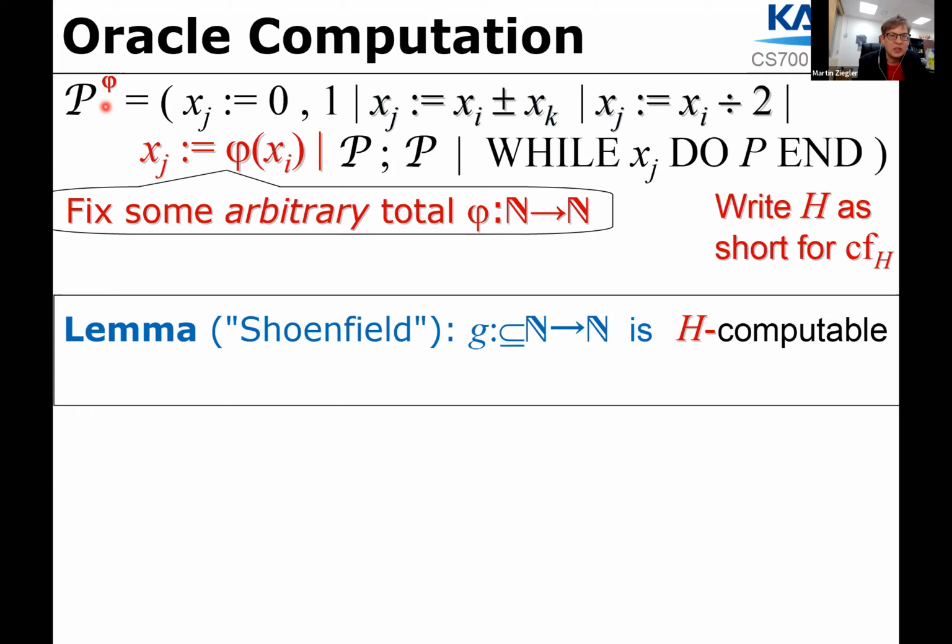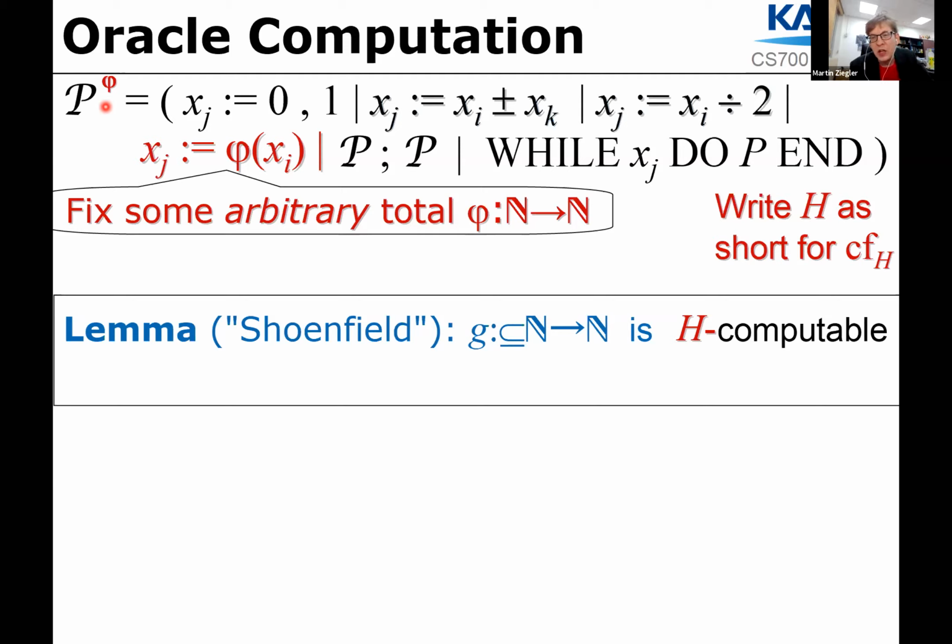And to illustrate and explain its statement, let's consider a function, call it g, a partial function from natural numbers to natural numbers. So only one type of argument. And let's suppose that this function is h-computable, where h means computable by a while program with oracle access to the characteristic function of the halting problem h.